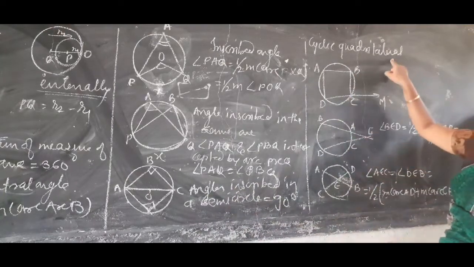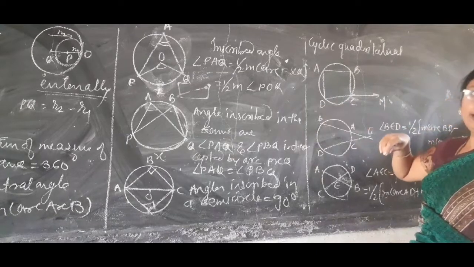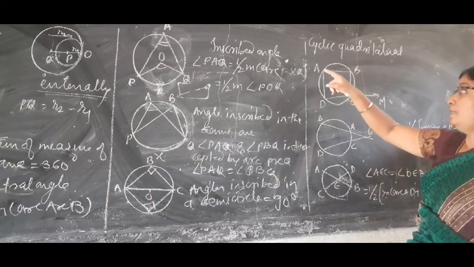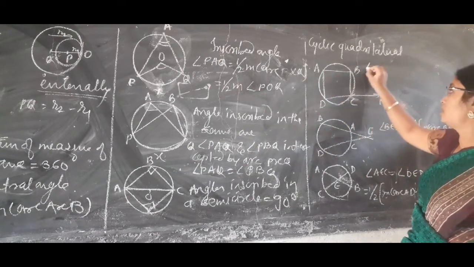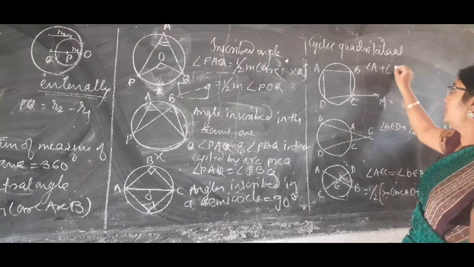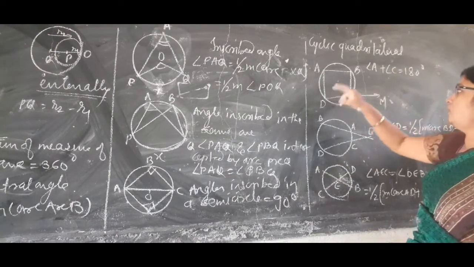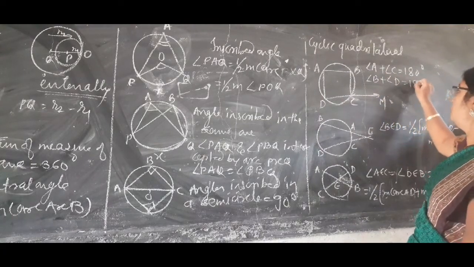Now next is the cyclic quadrilateral. ABCD is a cyclic quadrilateral. All the four vertices of this quadrilateral lie on the circle, therefore it is called a cyclic quadrilateral. Now what is the property of cyclic quadrilateral? Opposite angles are supplementary. Angle A plus angle C is equal to 180 and angle B plus angle D is equal to 180.